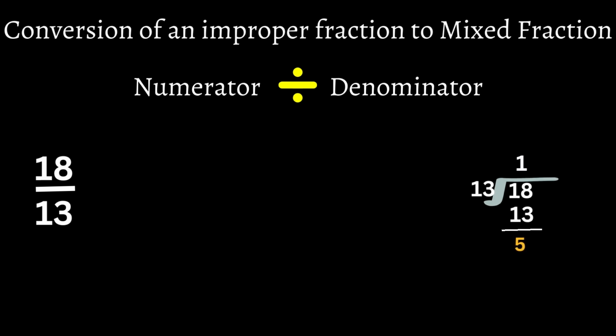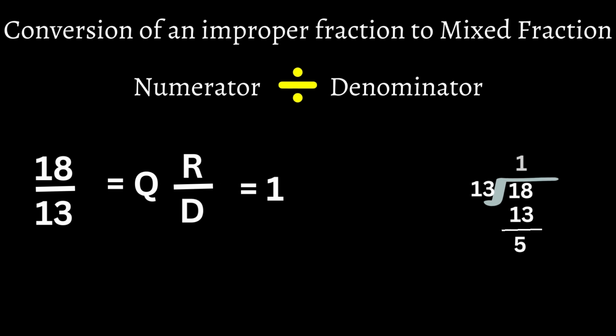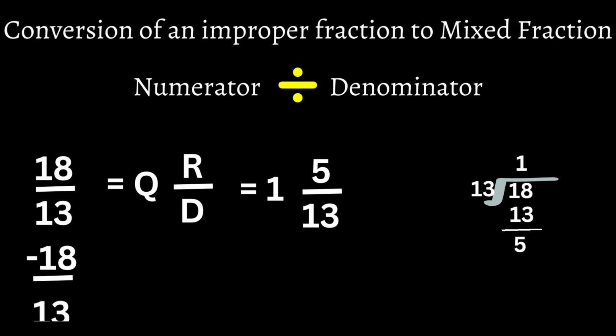Now we represent the improper fraction in the format Q R/D, where Q is the quotient and acts as the whole number part, and R and D are the remainder and divisor and act as numerator and denominator of the fractional part. Here, 18/13 can be written as 1 5/13. Remember, if the number was minus 18/13, you would do the same steps without considering the negative sign and put the negative sign at last. Hence, minus 18/13 can be written as minus of 1 5/13.